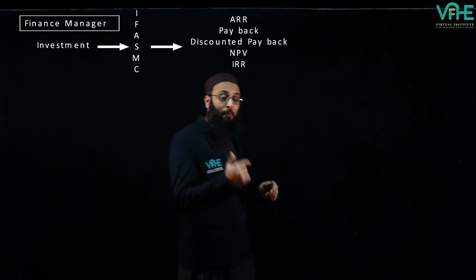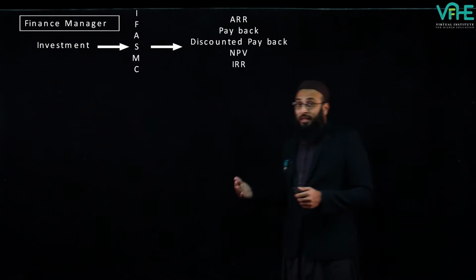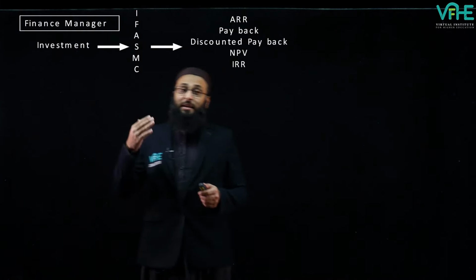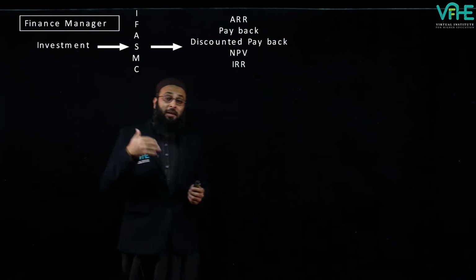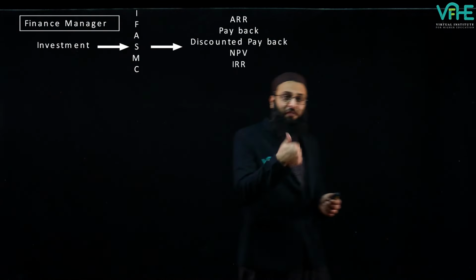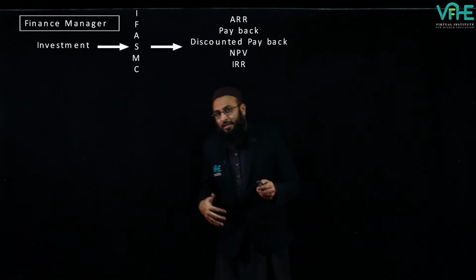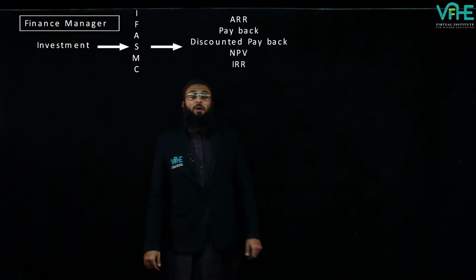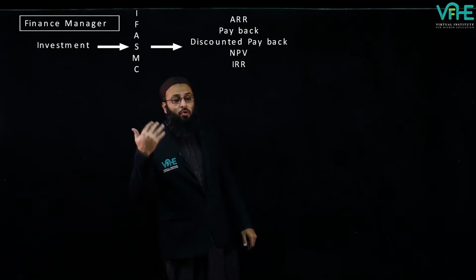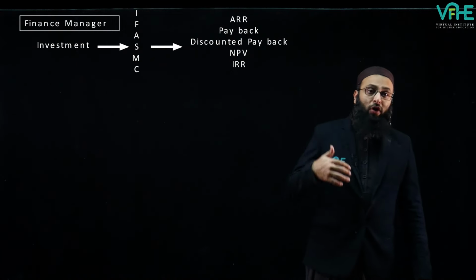So now we need to incorporate time value of money. So we use discounted payback: we discount the cash flows, and on the basis of those discounted cash flows, we use the cumulative approach to find out the answer of payback. So what advantage does discounted payback bring? The obvious advantage, which is superior to simple payback, is that it considers time value of money.